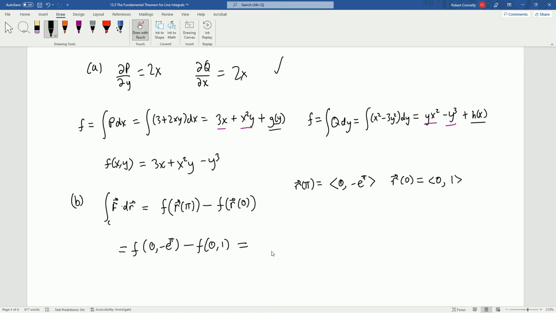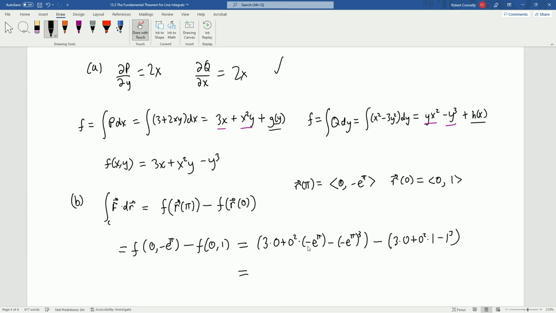So what do we get here? 3 times 0 plus 0 squared times y, which is negative e to the pi, minus negative e to the pi cubed, minus f of (0, 1), which is going to be 3 times 0 plus 0 squared times 1 minus 1 cubed.